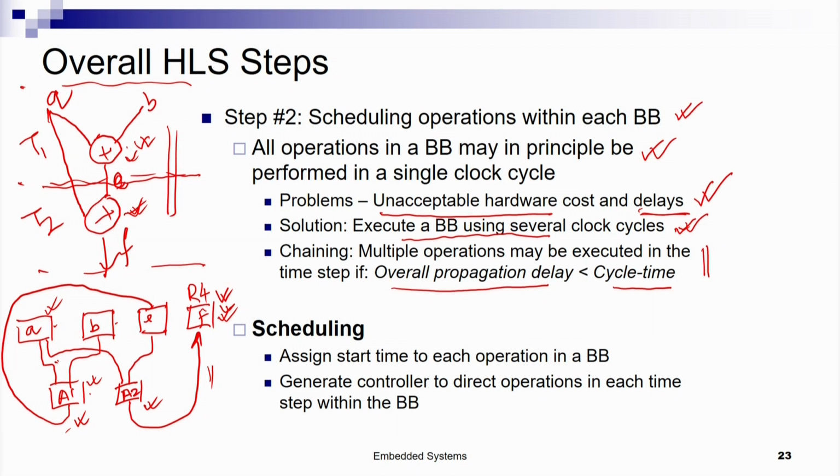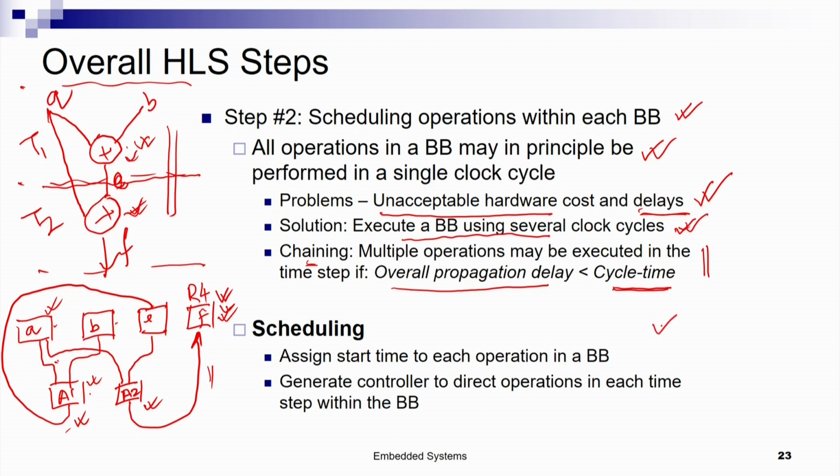Okay. So, when can multiple operations be executed in a single time step through chaining? When the propagation delay of all the resources in those set of operations is less than the cycle time. If we satisfy this and we have enough resources, then we can do chaining.